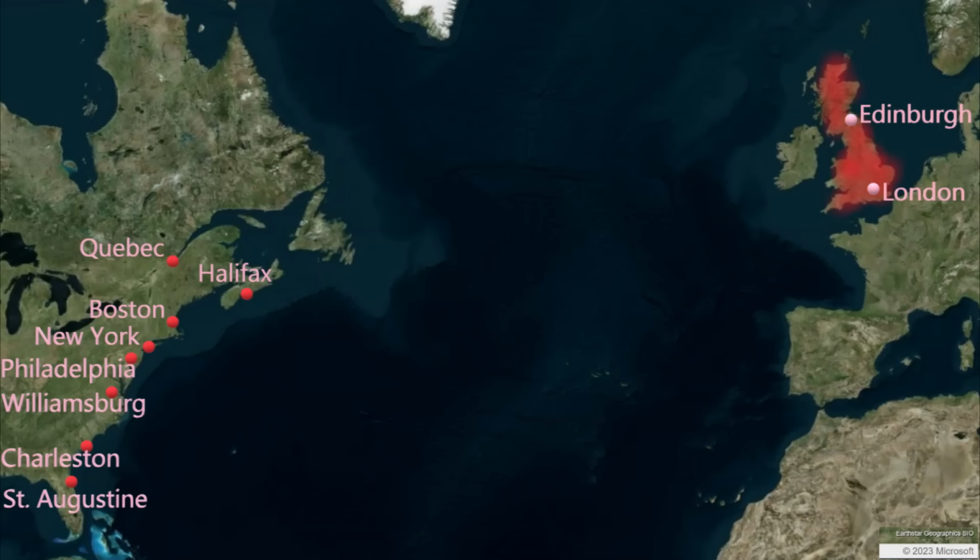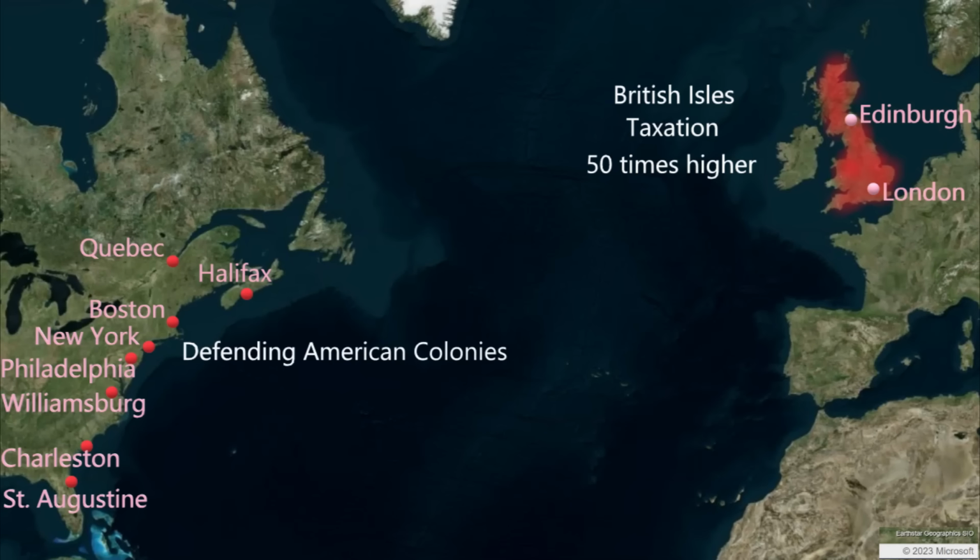Back in the mother country, citizens living in the British Isles are already heavily taxed, and Parliament does not want to increase taxes in the homeland any higher than they already are. In 1763, citizens on the British Isles paid about 50 times the taxes as American colonists, despite the fact the Crown had protected those American colonies during the recent war.